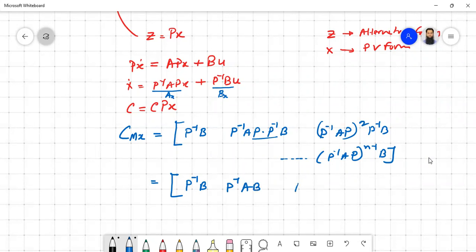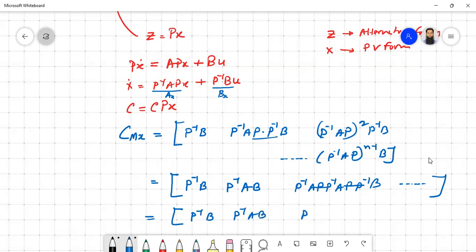And the next one will be P inverse AP, P inverse B. As you can see, these two vanish, and this continues. So from this, what you're going to get is P inverse B, P inverse AB, P inverse A square B, and finally P inverse A to the n minus 1 B.